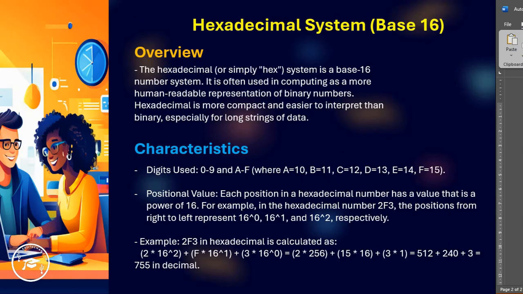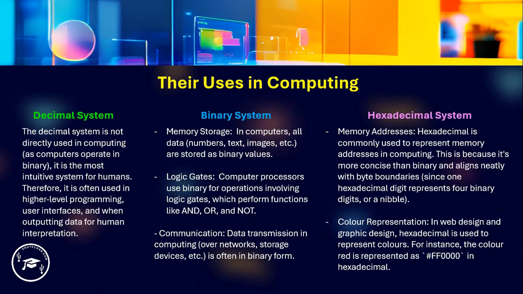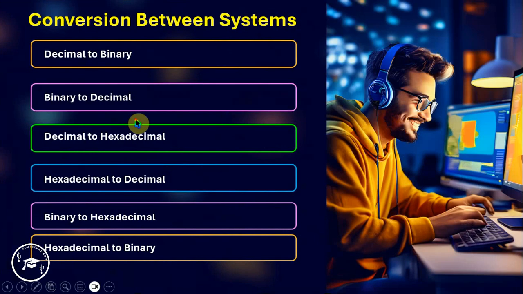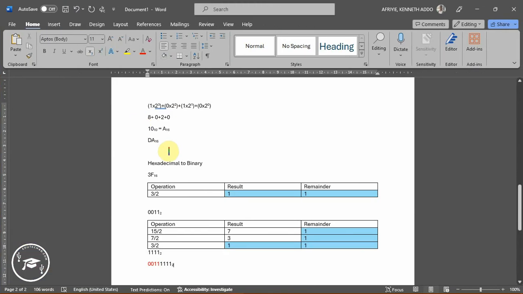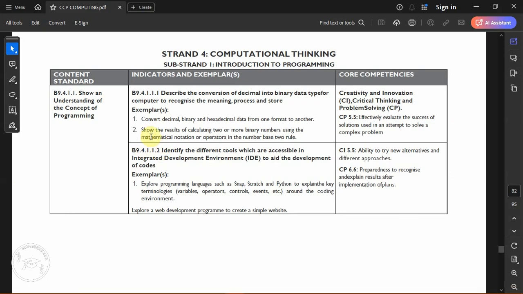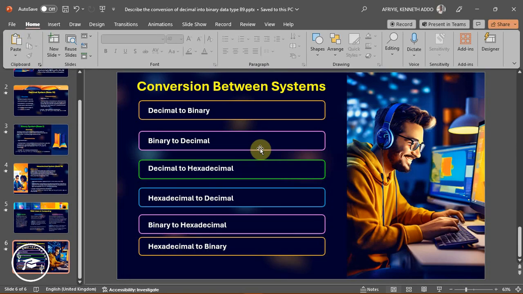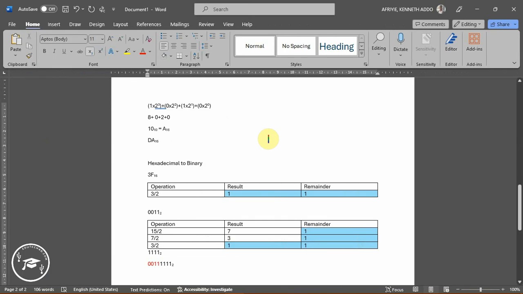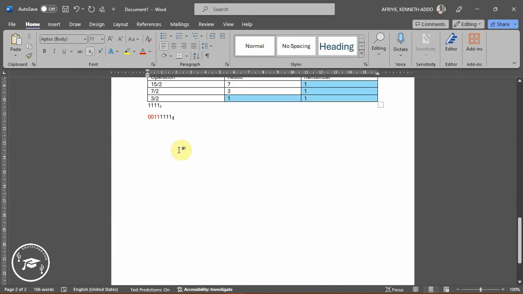So we have been able to cover that part of the lesson, which is conversion between systems. Great. The last part of the lesson we are supposed to discuss is showing the result for calculating 2 or more binary numbers using mathematical notations. So let's quickly go into that. But to start, I first want us to do something quickly.